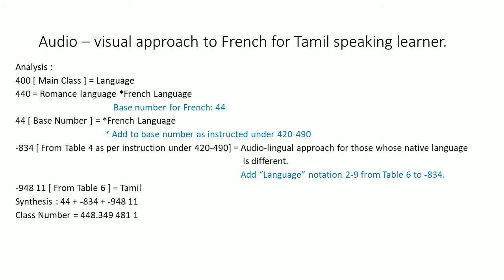The instruction, which I have written in a different ink, is: add to base number as instructed under 420-490. That means we have to go to 420 to 490, where the instructions are listed. According to the instruction we have to add the notation.